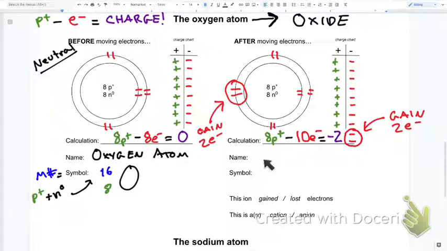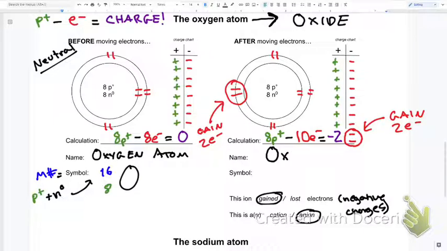For anions, negatively charged ions, right? So I'm going to go ahead and circle that. Anions are negatively charged, right? They've gained those electrons. Remember, that's like gaining negative charges. Anions actually do have a special naming convention. You'll keep the root of the name. So for oxygen, it's ox.